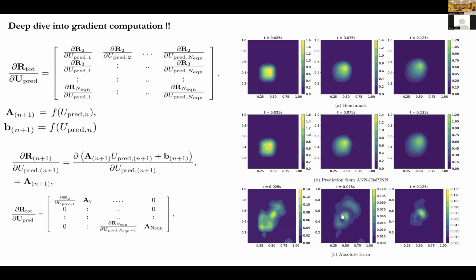If you do these simple hand calculations, you will see that only the diagonal term will survive, and probably one term other than the diagonal, and the rest of the terms will become 0. Now you can compute this Jacobian very easily. Of course, you cannot compute it at every iteration of your neural network. You have to do it at certain epoch intervals, but life has become much easier.